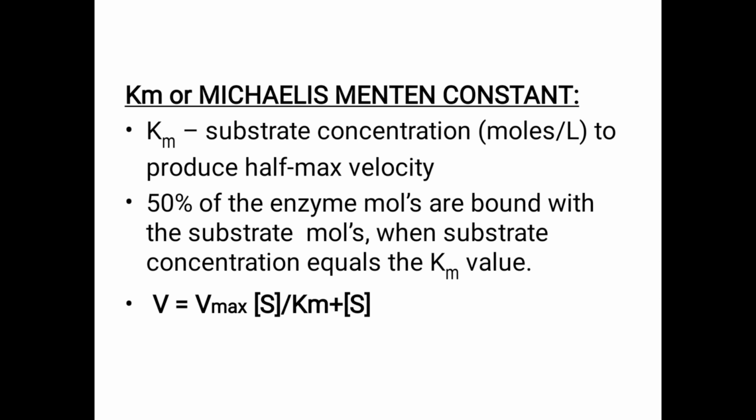Again, this is repetition: 50% of enzyme molecules are bound with the substrate molecules when substrate concentration equals Km value. So V is equal to Vmax times S divided by Km plus S. You need not remember that, but you should know what Km value is.